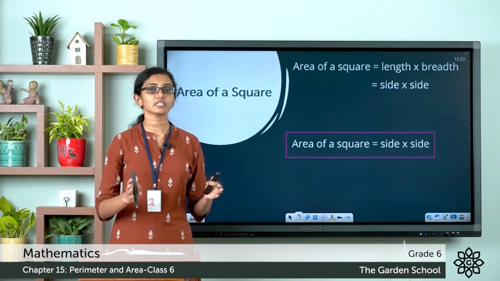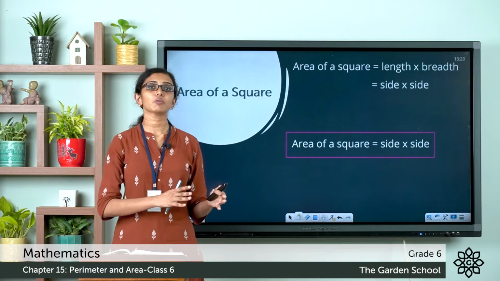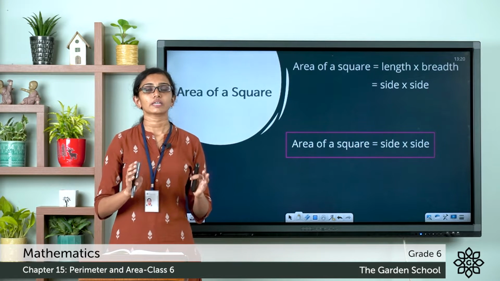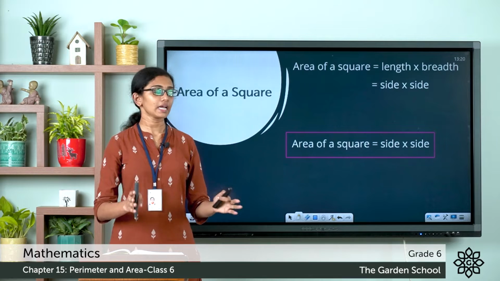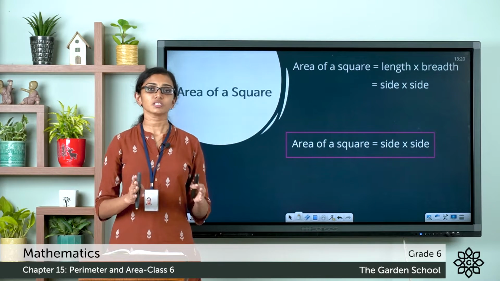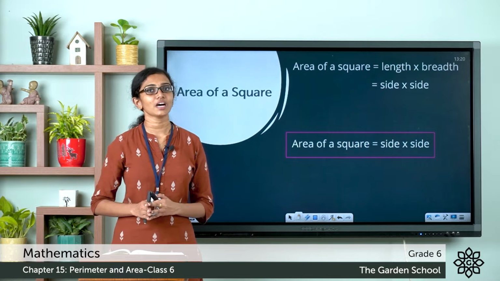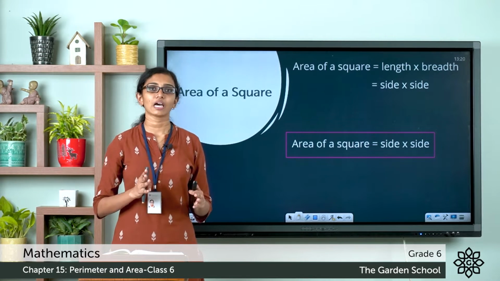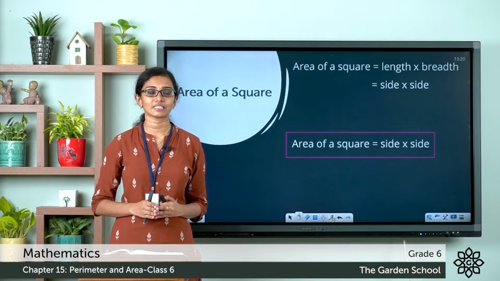So if S is the side of a given square, the area will be equal to S into S or side into side. So in general, we can say the area of a square is equal to side into side. This is the formula for finding out the area of a given square. You may please make a note of this formula and you have to use this in your calculations.